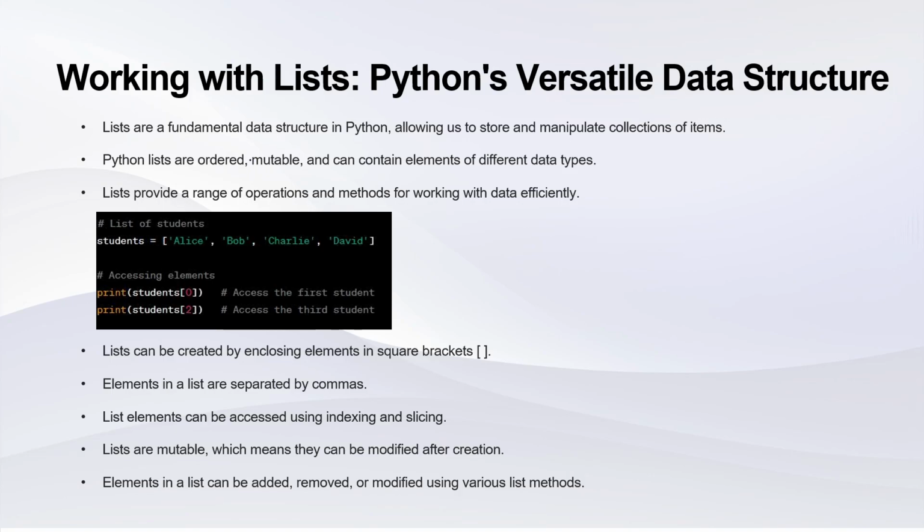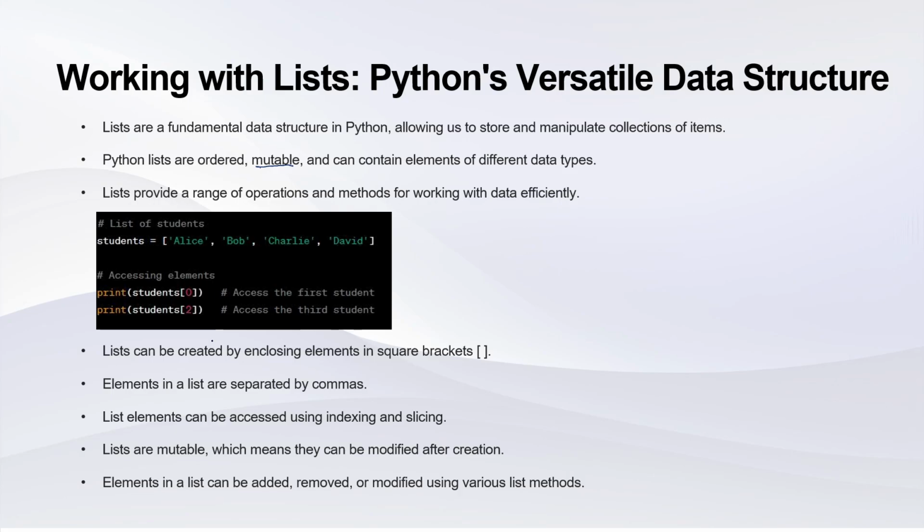Mutable means we can modify them after creation. We can add, remove, or modify elements as needed, making lists a dynamically adaptable data structure.